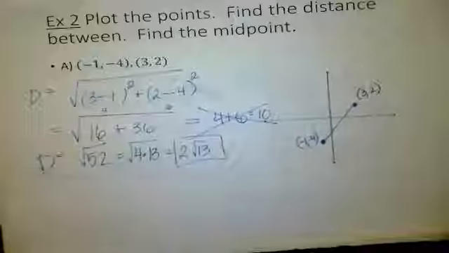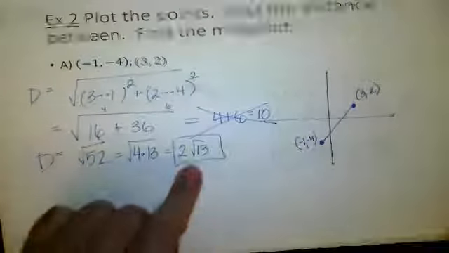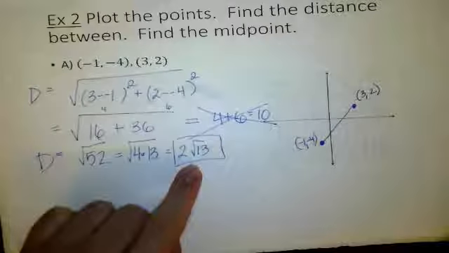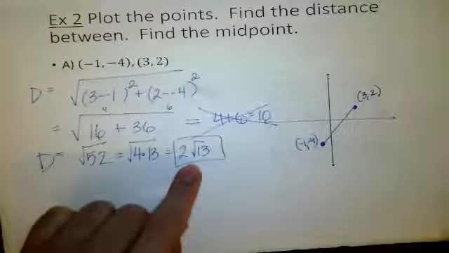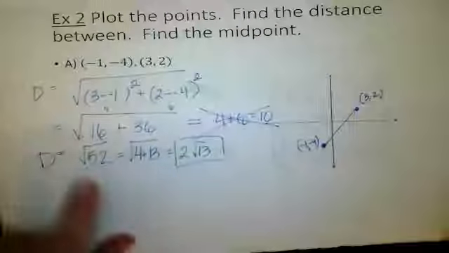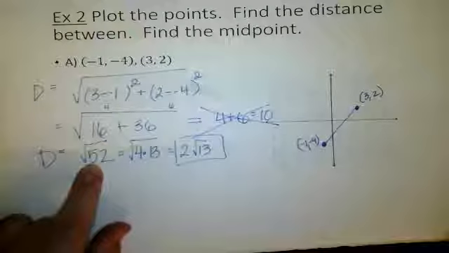Simplifying radicals was hard. Ladies and gentlemen, when I have a radical, I will always simplify the radicals. So my answer choices on a test would always be like 2 radical 13 or 2 radical 15 or something like that. Maybe you used your calculator and you just put in radical 52 and got a decimal approximation.